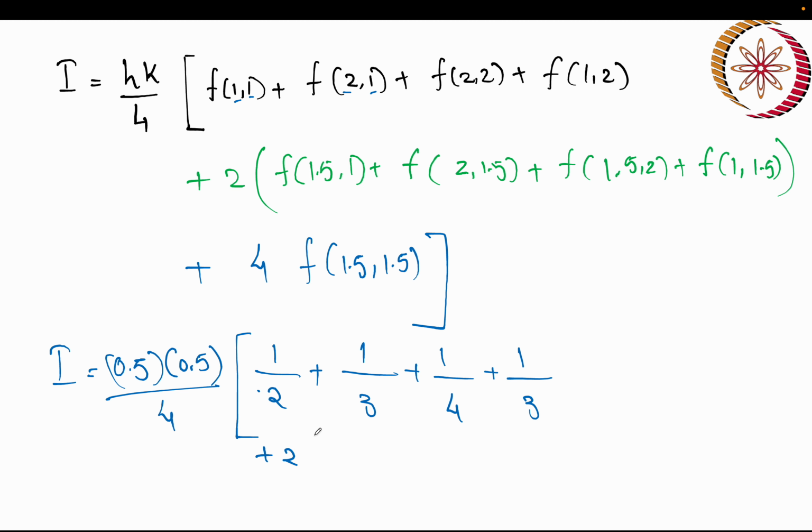Then 2 into 1 upon 1.5 plus 1, which is 2.5, plus 1 upon 3.5, plus 1 upon 3.5, plus 1 upon 2.5.